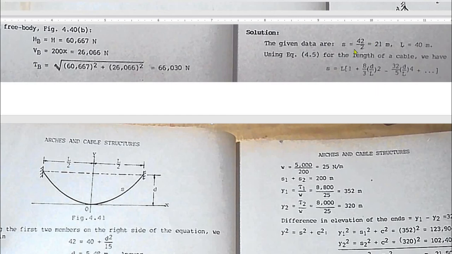Pero, hindi natin gagamitin yung 21 meters since kalahati lang yan noong ating catenary. So, ang gagamitin nating S is the entire 42 meters. Okay? So, we will substitute 42 dito sa equation S. Okay? Which happens to be this.